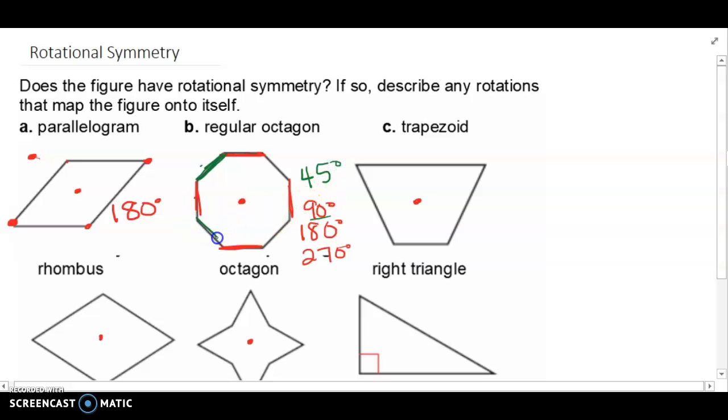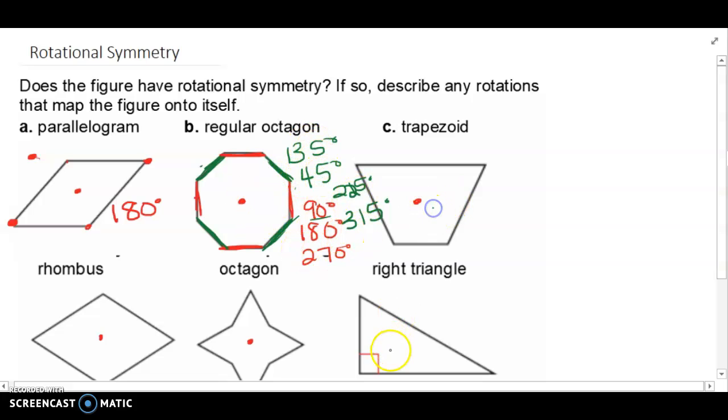If we went 135, it'd be here. And if we went 225, it would be there. And then 270 plus 45, that'd be 315, so 315 would be here. So that one has a ton of them.